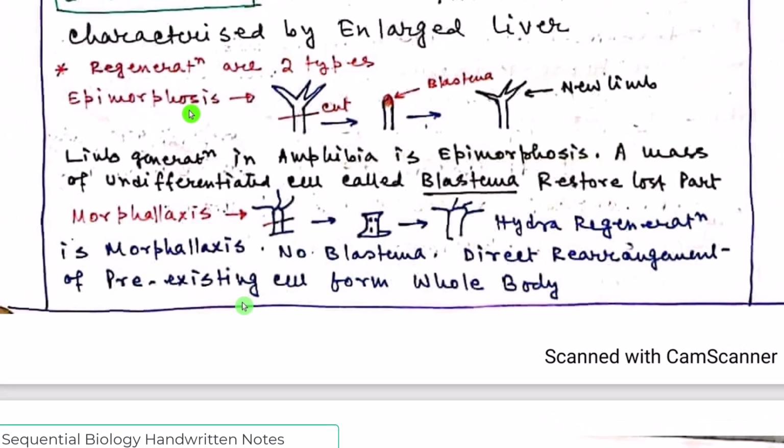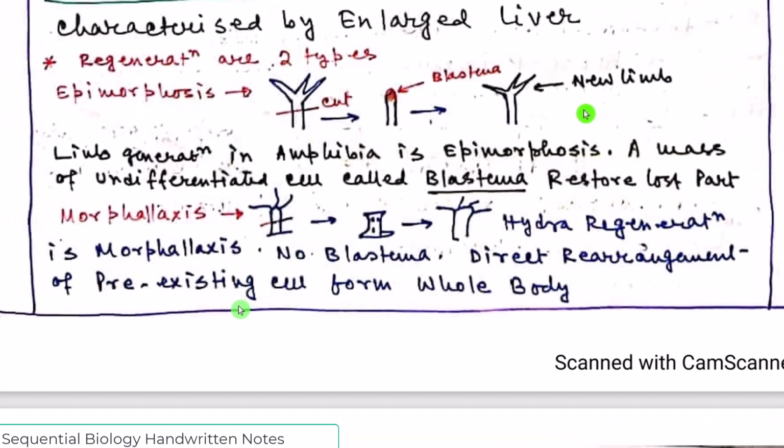First, epimorphosis. What is epimorphosis? Any cut portion or any undifferentiated mass of cells can generate a particular organ. This is known as epimorphosis. Limb regeneration in amphibia is called epimorphosis. A mass of undifferentiated cells called the blastema restores the lost part. Suppose this is a limb of an amphibian, and these are the fingers, and this portion is cut, and then a blastema is developed.